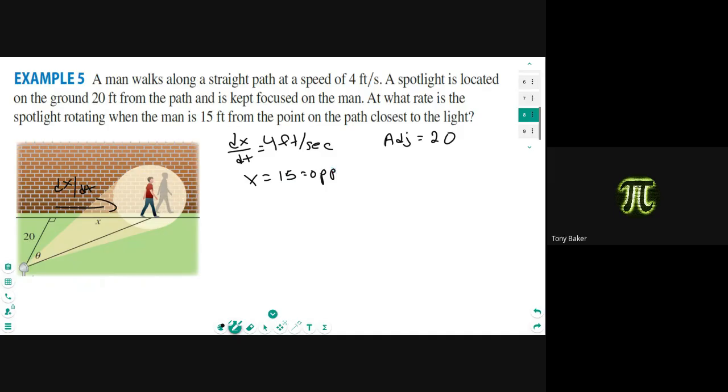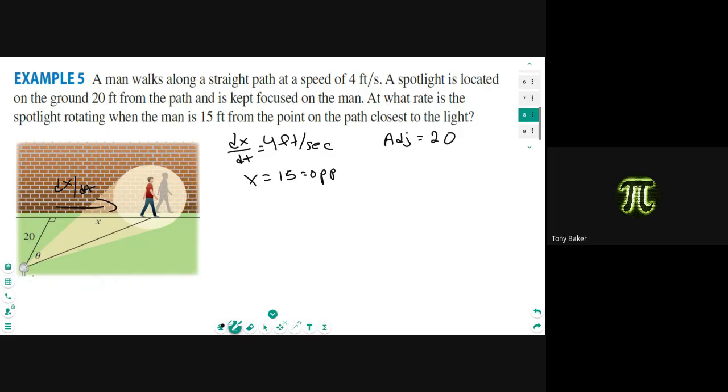Anytime you're looking for an angle in a triangle, think back to trig with your opposite, adjacent, hypotenuse pieces. Opposite, adjacent, hypotenuse.